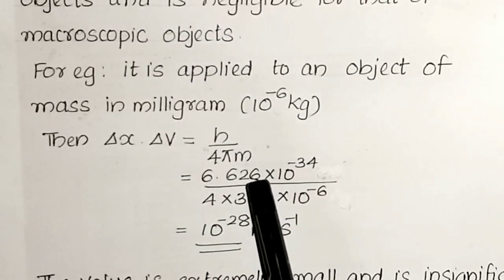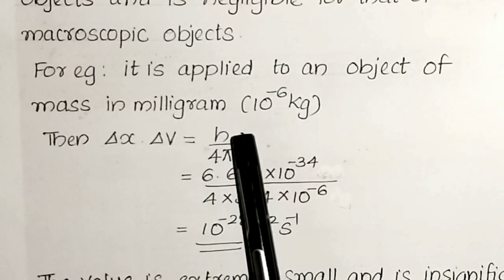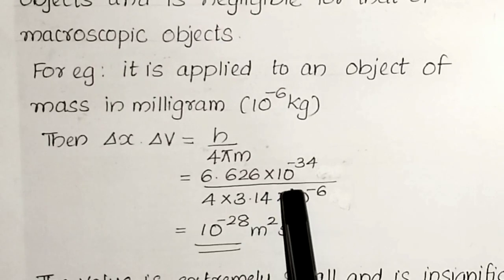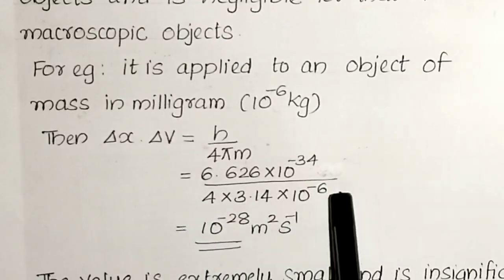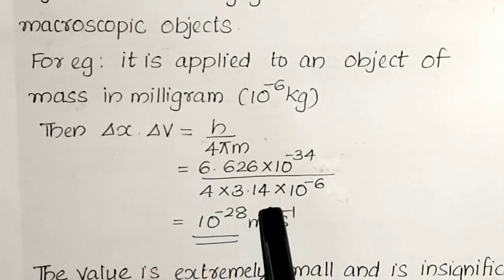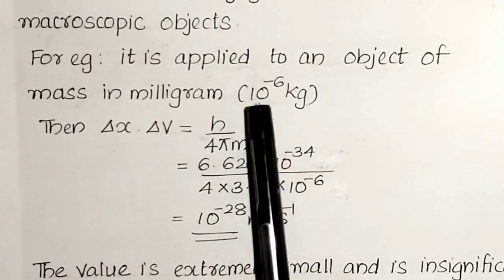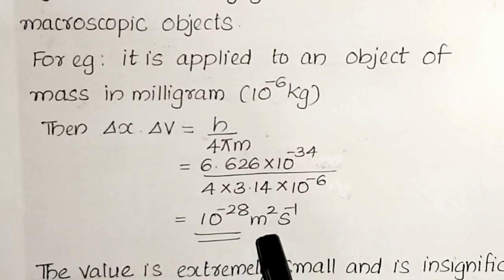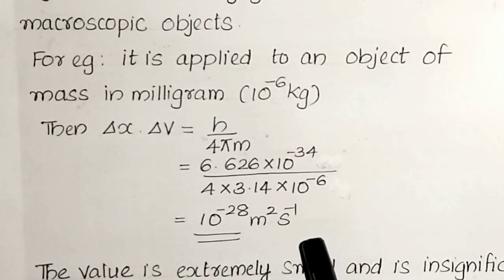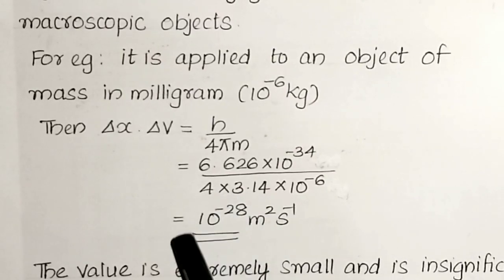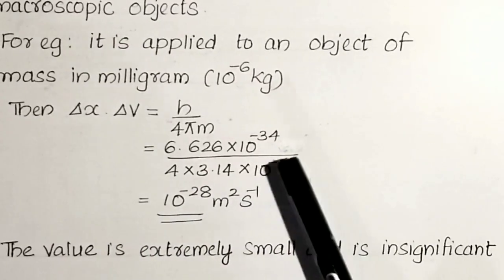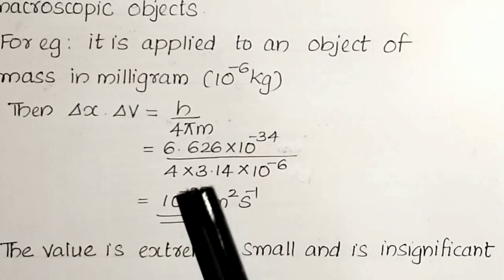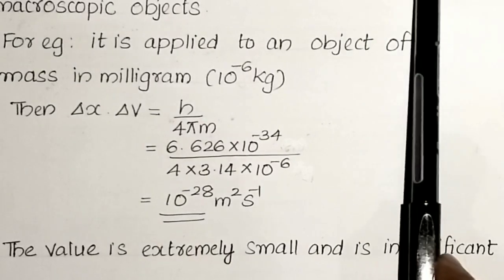Substituting the values, h is Planck's constant, 6.626 into 10 raised to minus 34, divided by 4 into pi, 3.14, into mass 10 raised to minus 6. Then we get the value 10 raised to minus 28 meter square second raised to minus 1. This is a very small value. In the case of a macroscopic particle, this uncertainty principle is insignificant. It is applicable only in the case of microscopic particles.